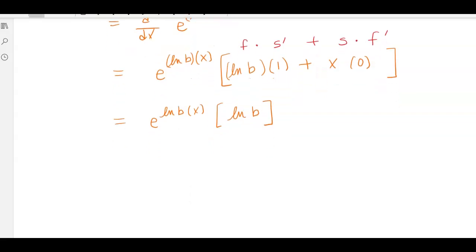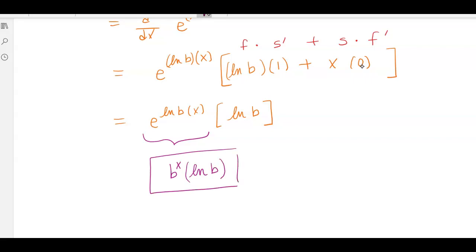And then, the final step is to convince you that this is b to the x. So let's break this down for a second. I have e to the x times natural log of b.